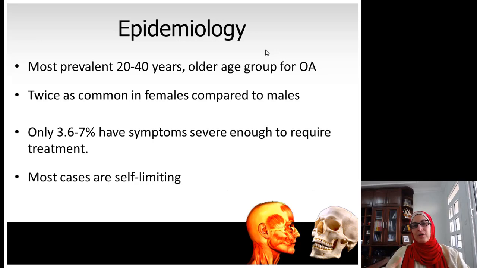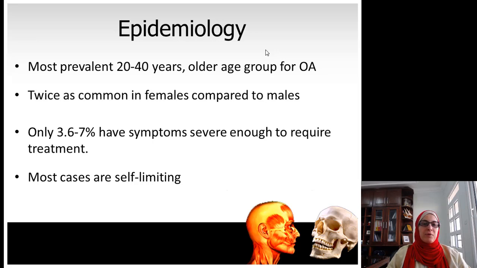In children or young adults, I usually see patients with either a muscular problem, or in the joint I see them with disc displacement or internal derangement. It is more common in females than males, probably because of joint hyperlaxity, or maybe because females tend to suffer from pain more than males.